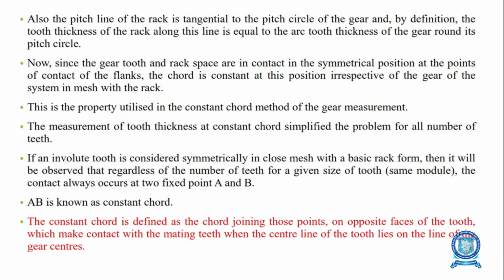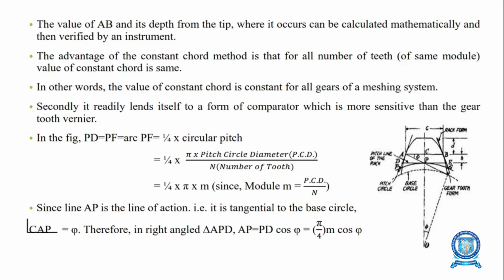Here AB is known as the constant chord. Constant chord is defined as the chord joining those points on opposite faces of the tooth which make contact with mating teeth when the center line of the tooth lies on the line of the gear centers.